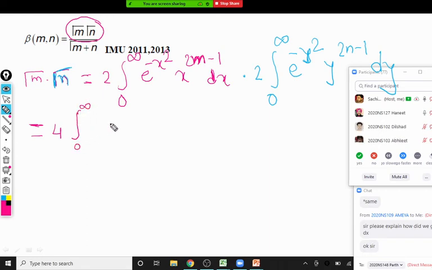If there is a plus, yes, you can add the integrands. This is not addition; actually it becomes a double integral. Base is the same, so it becomes e raised to minus x square minus y square. Remaining terms as they are: x raised to 2m minus 1, y raised to 2n minus 1, and dx dy.